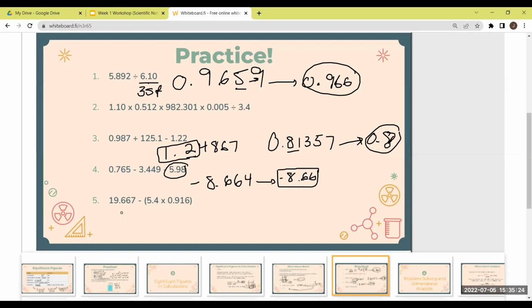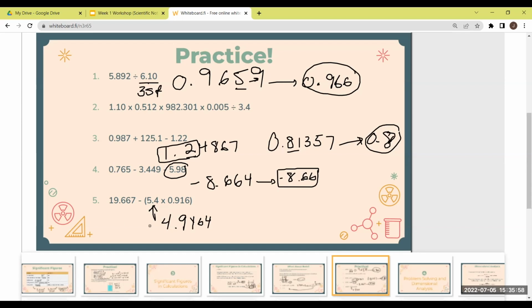Finally, for number 5, we have 19.667 minus the product of 5.4 times 0.916. I'm going to solve what's in the parentheses first. And so if we solve what's in the parentheses first, we're going to get 4.9464.